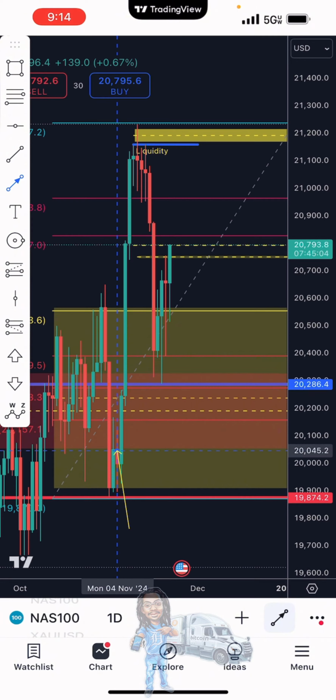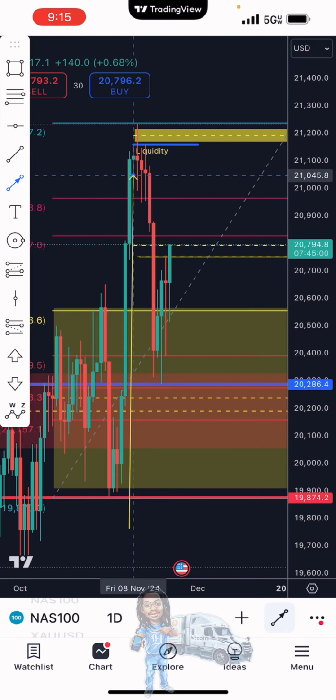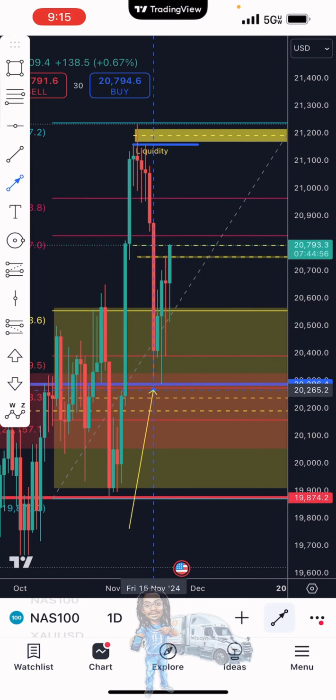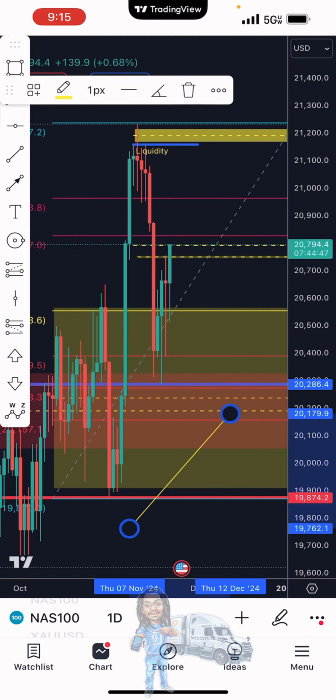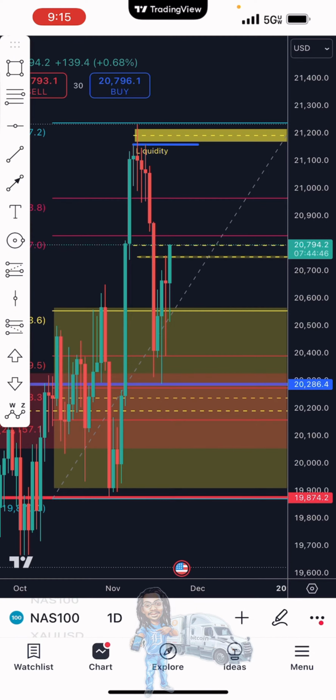So we have this daily order block, and then price came down and bounced into this daily order block, and then it moved away, right? But we did not hit the midpoint of this order block yet. And the reason I'm mentioning the midpoint is because typically when the midpoint is not hit, price is probably going to come back and retrace into that order block again, and then hit that and take that liquidity as well.